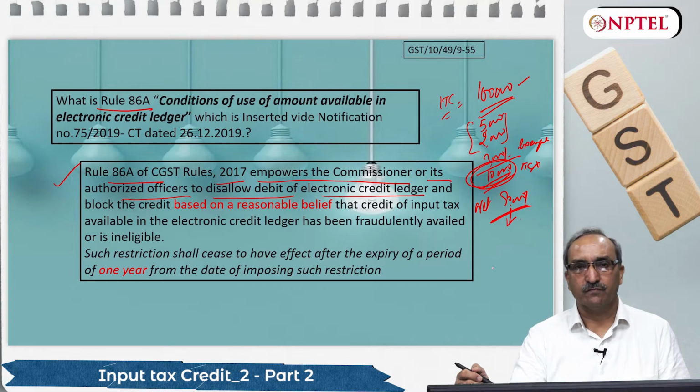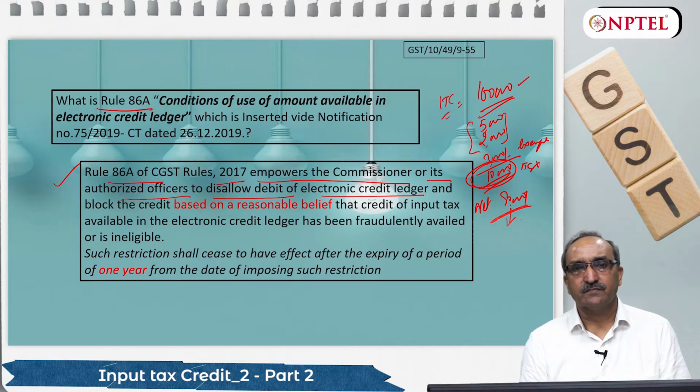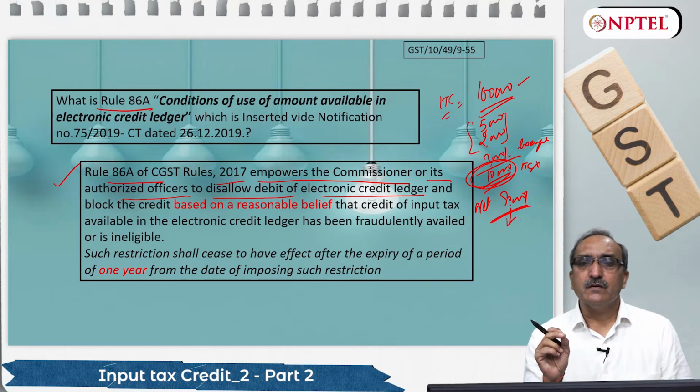They have access to the GST portal where they will block that particular credit mechanism. You will not be able to pass entries through this electronic credit ledger against your tax liability.